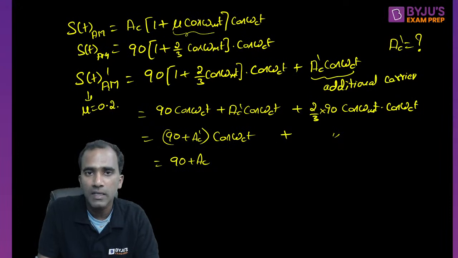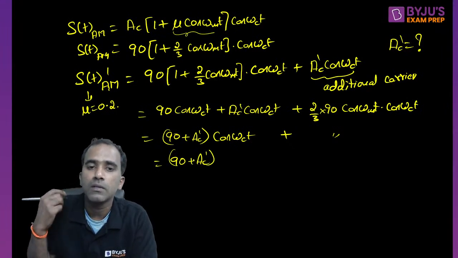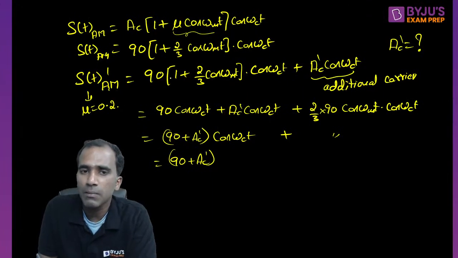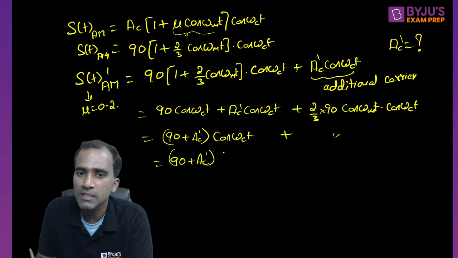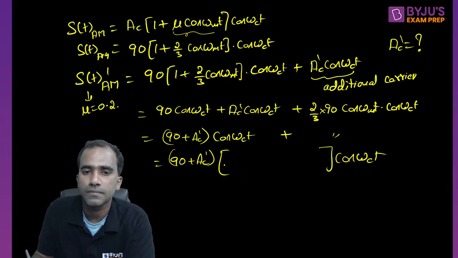Here the maximum magnitude is when cos is 1, which is mu. So 90 plus AC dash is the peak amplitude of the new AM signal, and we take cos omega ct common so that we write this equation in this format.